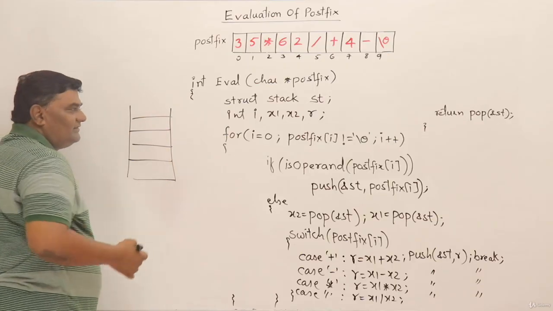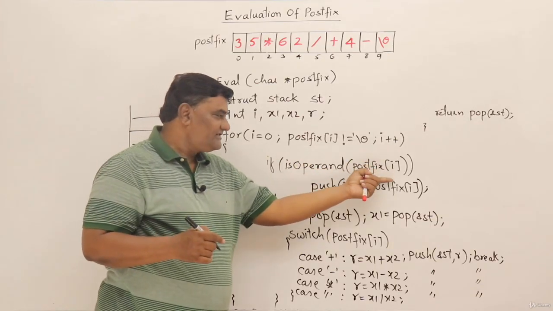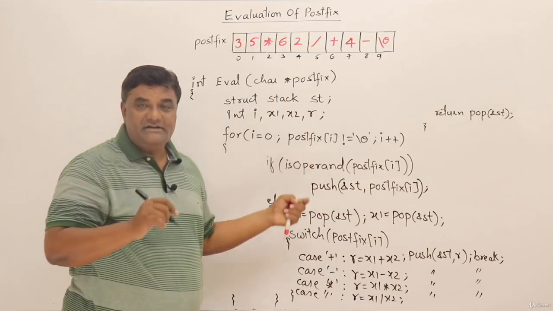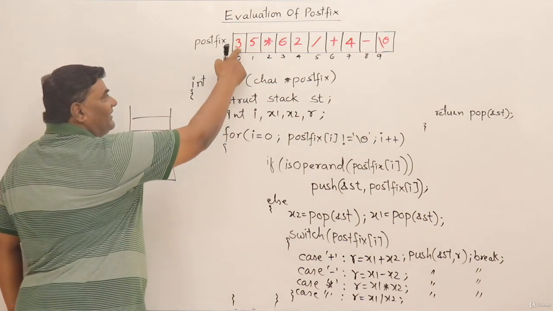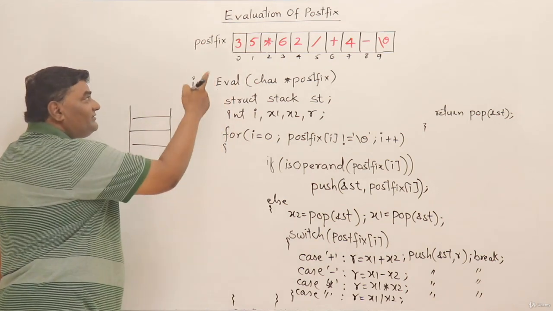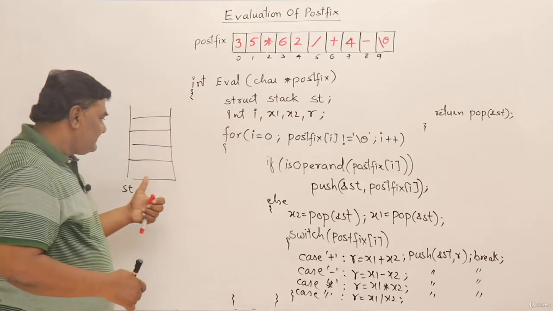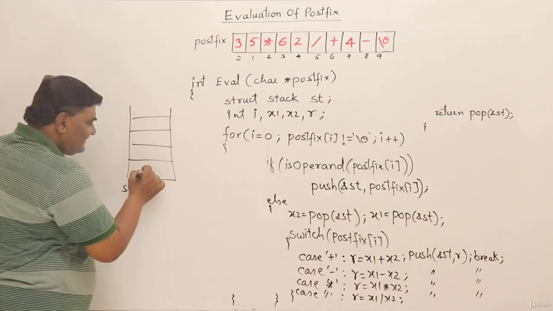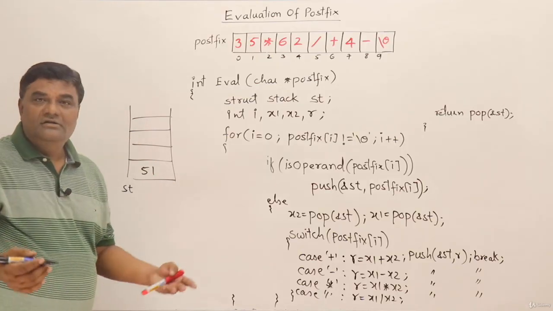If you see here, if it is an operand, we are pushing a postfix symbol into the stack. Let us take the first symbol and try to push it. This is an operand and it is 3. So 3 will be pushed into the stack. That is character 3, but this is a stack of type integer. So what will be pushed in? As I said, the ASCII code of 3 is 51, so 51 will be pushed here.